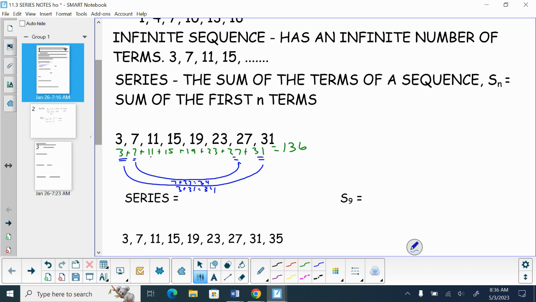If we add 11 plus 23, we get 34. If we add 15 plus 19, we get 34. So we could add 34 plus 34 plus 34 plus 34 if we wanted to.